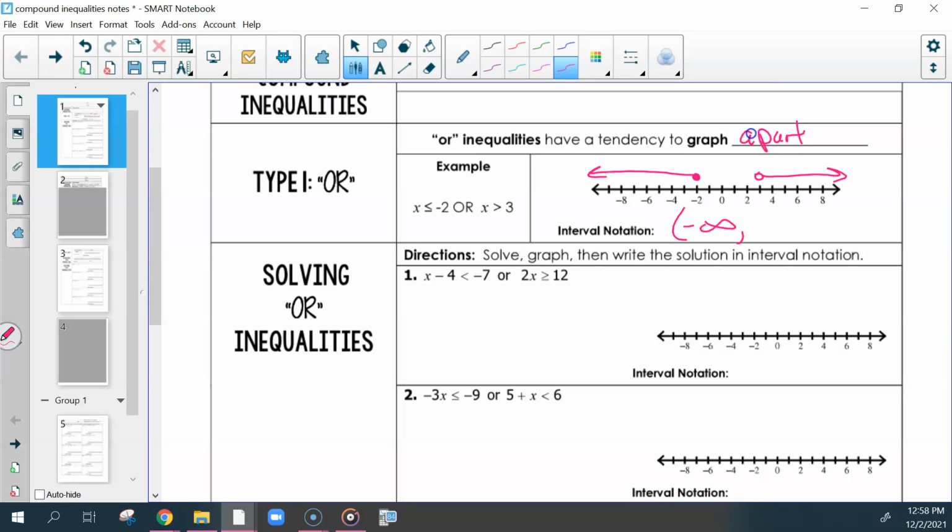It goes from negative infinity and stops at -2, and it's included, so you need a square bracket. Or, the word or. It starts again at +3, but it's not included, so you need a parenthesis. And then it keeps going towards positive infinity.